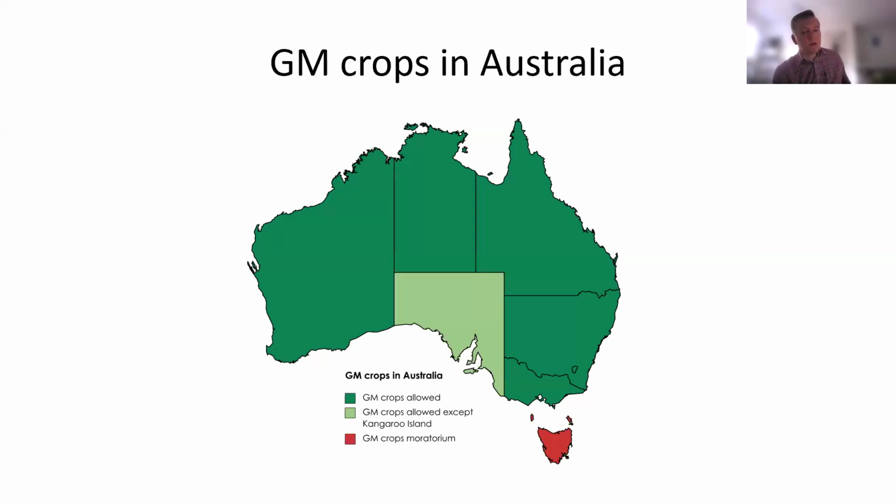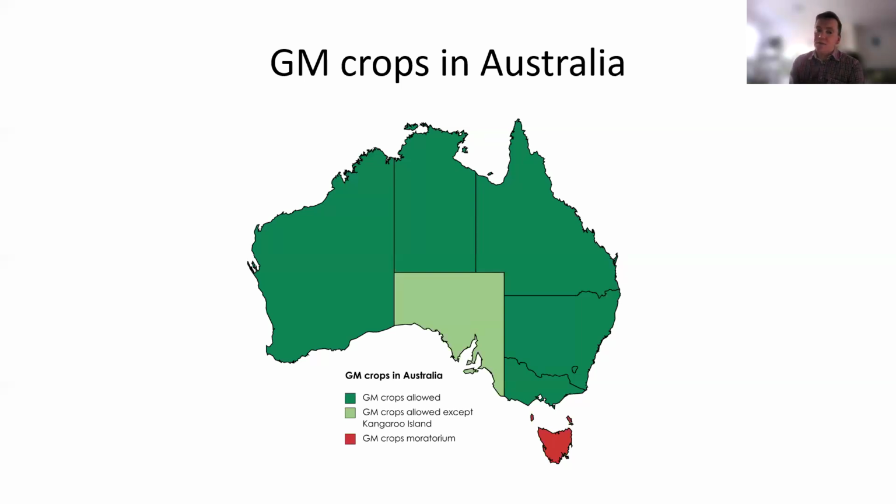Let's start with how GM crops grow in Australia. As I said, the efficient and straightforward process in Australia is probably one of the reasons why Australia doesn't have much resistance to growing GM crops. Of course, there are also economic reasons.